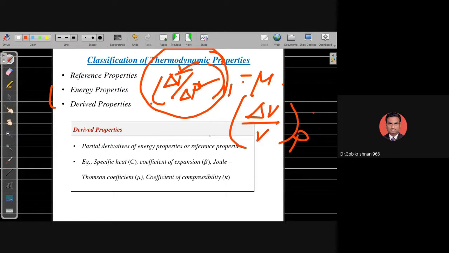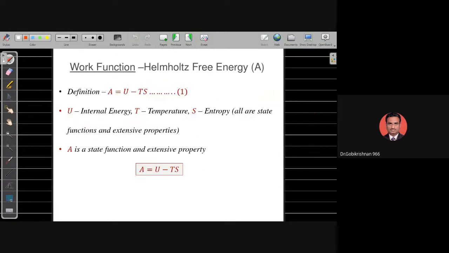But the remaining properties cannot be measured, and there should be a relation. We need a relation between the reference properties, energy properties, and derived properties. Then only can it be predicted, judged, or calculated. Therefore, our next objective is to derive the Maxwell thermodynamic relations.